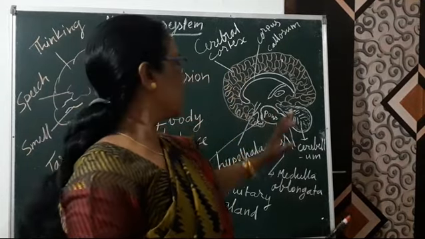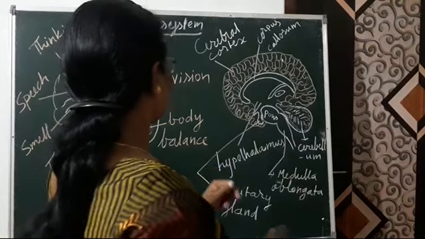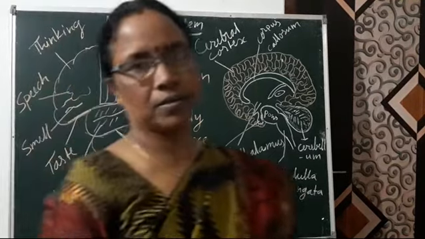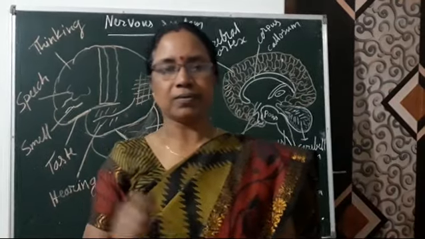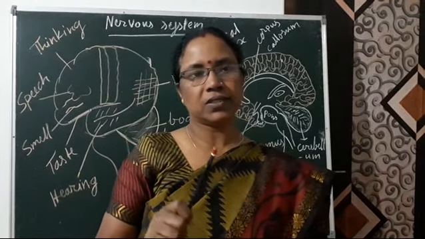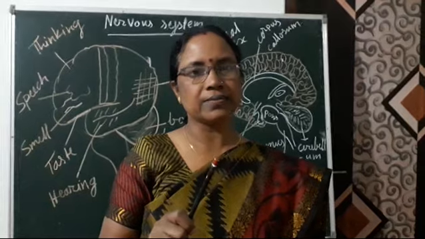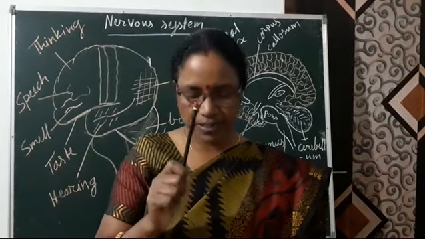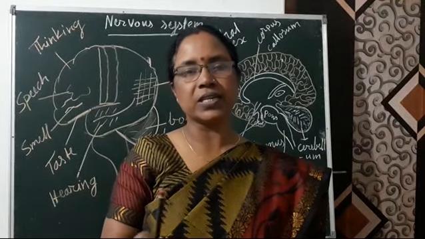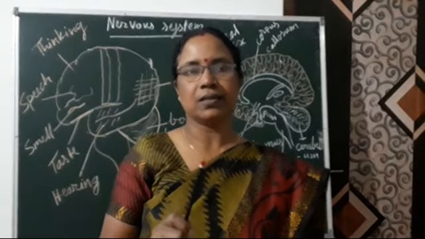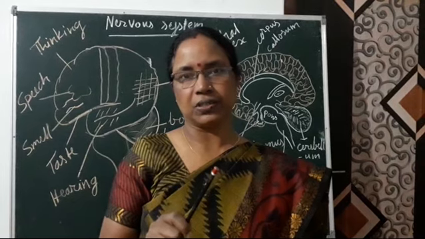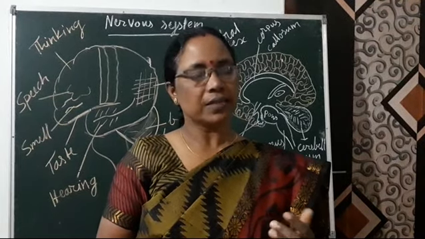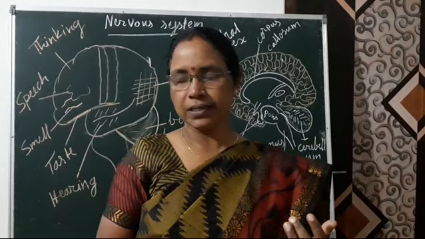And the next question I asked was about the function of the cerebellum. It controls muscular activity, balances the body, and coordinates muscular activity. They also ask one question: give reason.